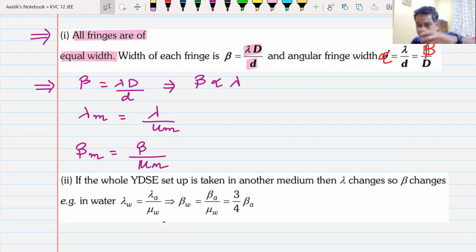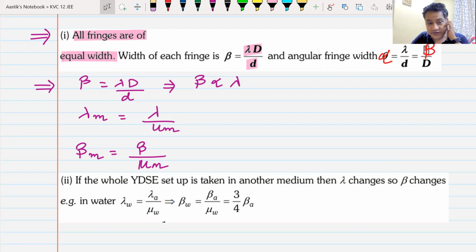If you dip this apparatus in water, your fringe width in water will become 3/4 times the fringe width in air. Do we understand this? Yes or no? Every point needs to be noted very, very carefully.